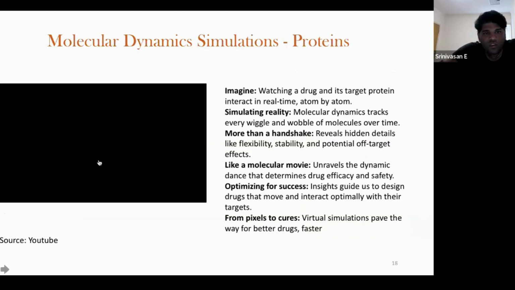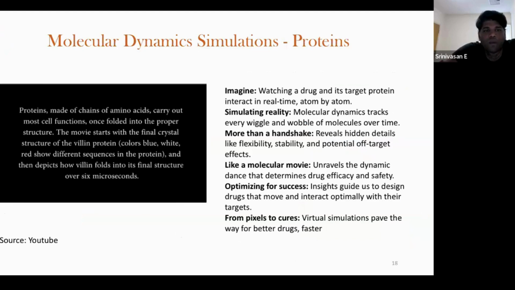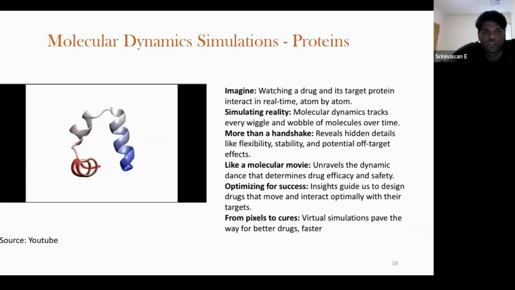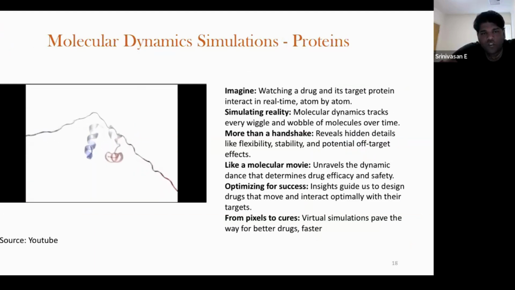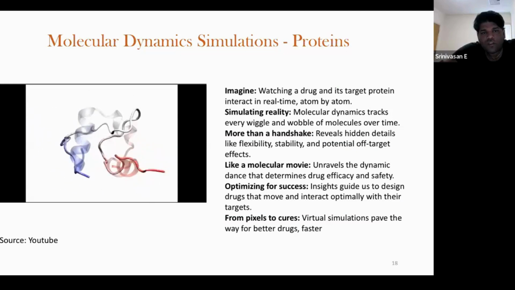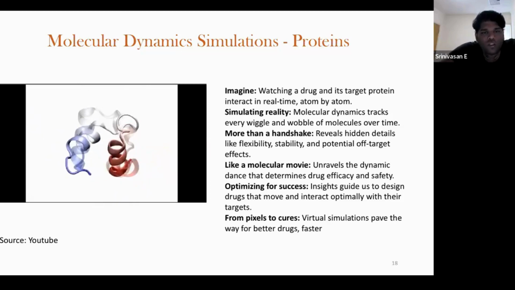In this video, you can see how a protein moves from an unfolded state into a folded state. This is taken from an NIH lab, and I'm showing it from YouTube to show how this protein, which is in an unfolded state, forms a folded conformation like that of the X-ray structure using molecular dynamics simulation alone.